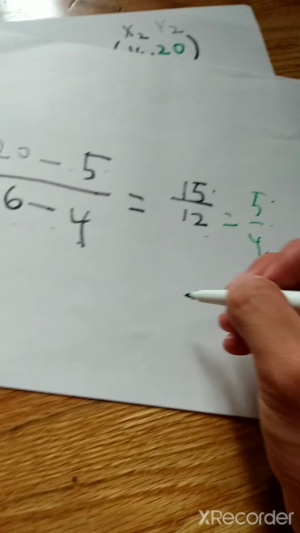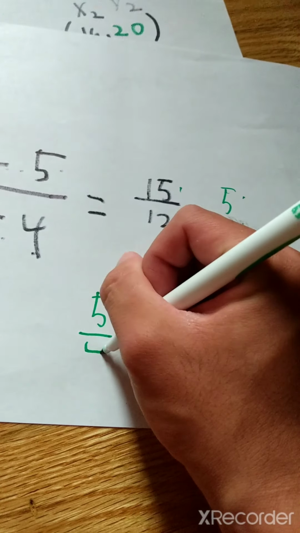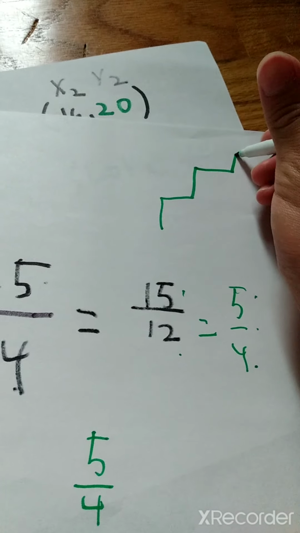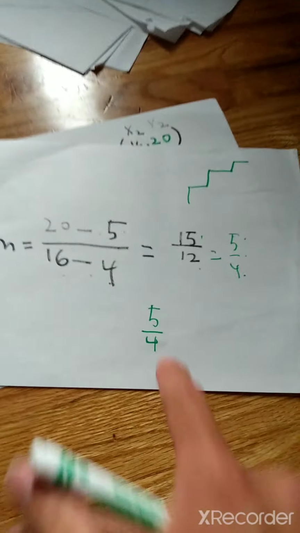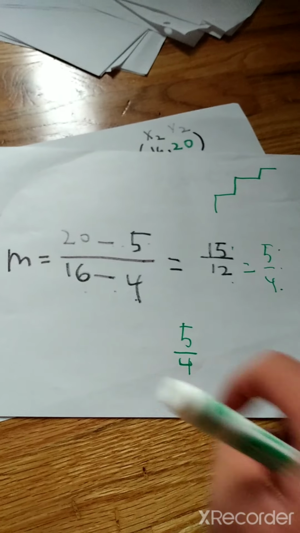So our slope is up 5, then we run 4. Yeah, we did it! We now found the slope without graphing.